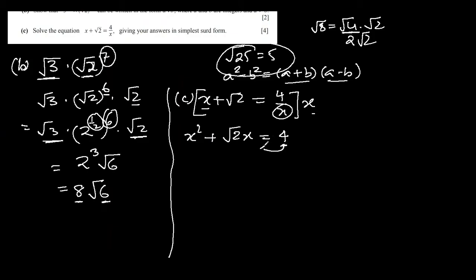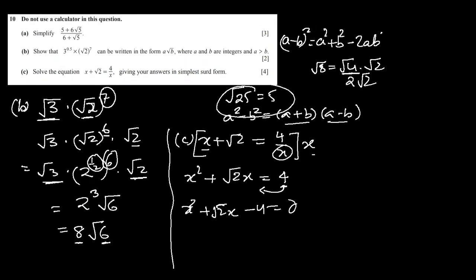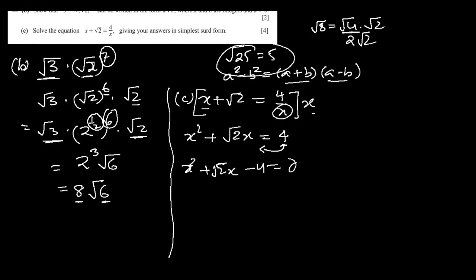If I take this 4 to the left side, it becomes x squared plus square root 2 x minus 4 equal to 0. Now they are saying that we can't use a calculator, right? The instruction is we can't use a calculator, so we have to do it manually.